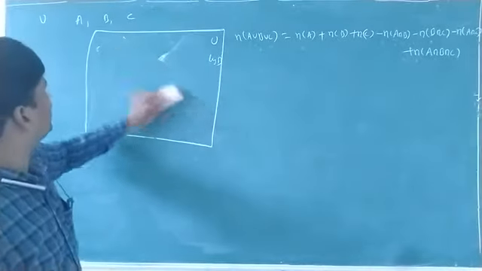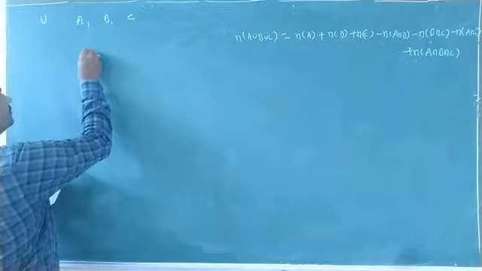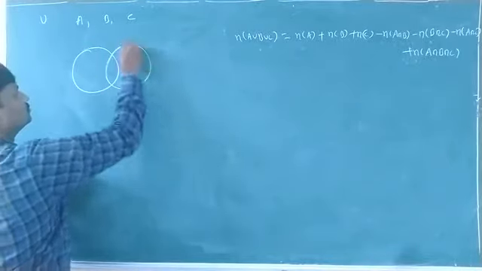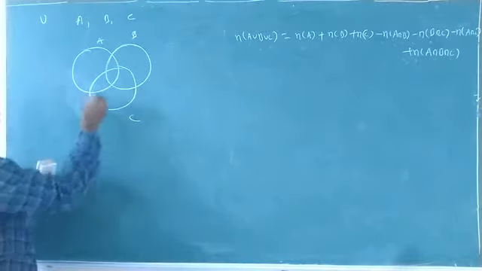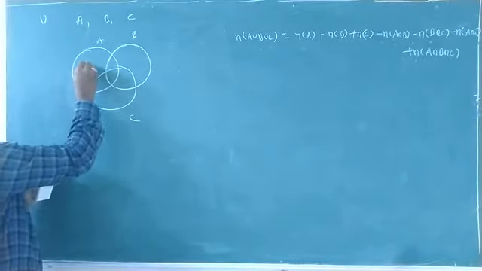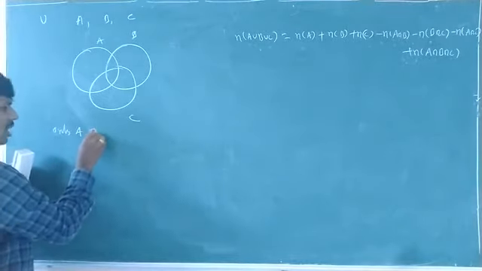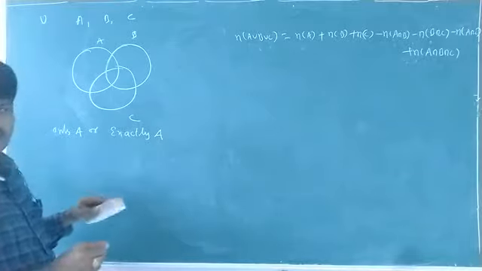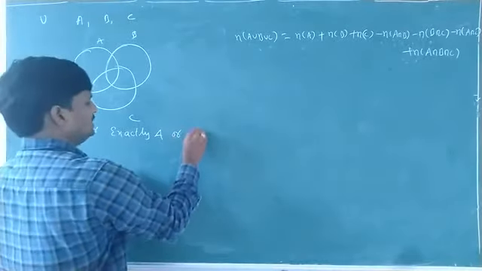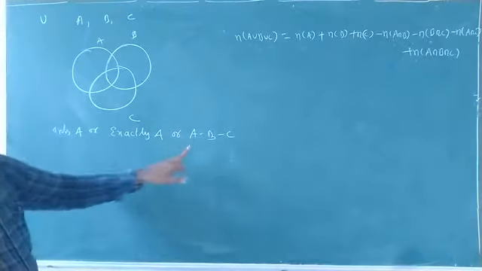Okay. Only A means how can I write that one? It is A, B, C. This is only A. Only A, or exactly A, or A minus B minus C, the difference.